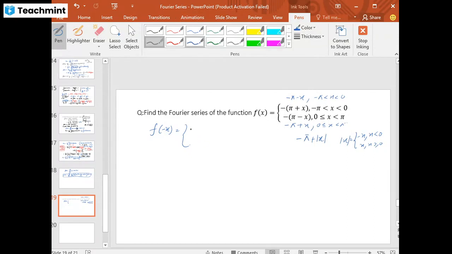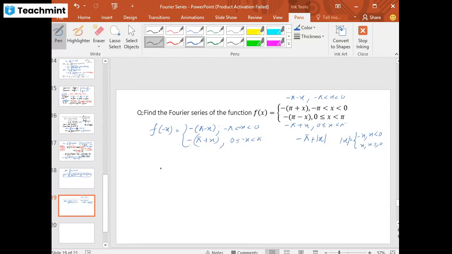Okay, let us check here. If I replace x with minus x, so minus of pi minus x in the interval minus pi to 0, and here it is minus pi plus x in the interval 0 to pi.